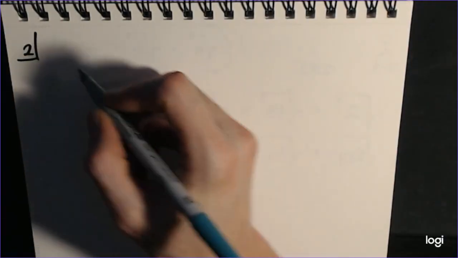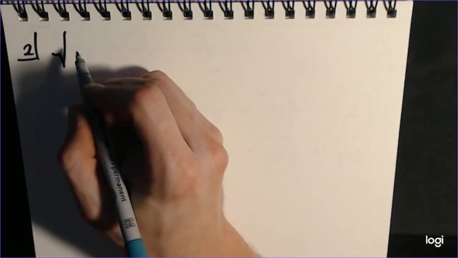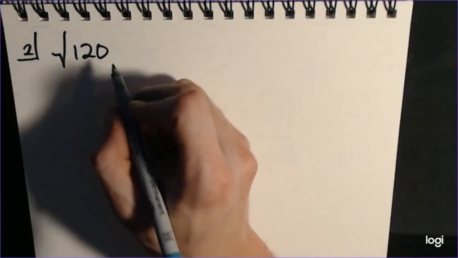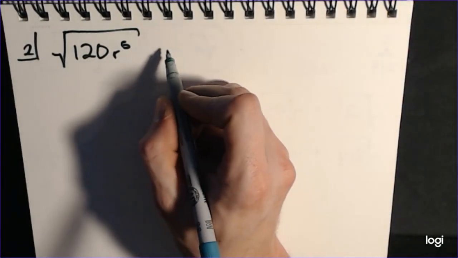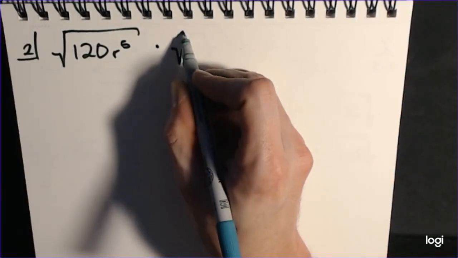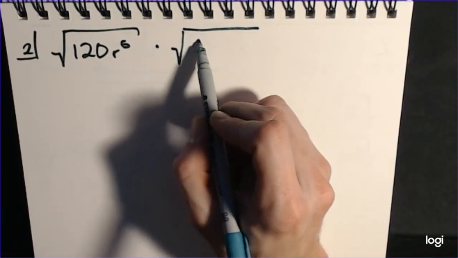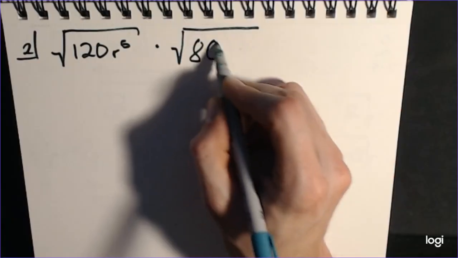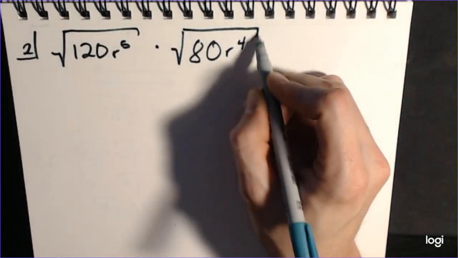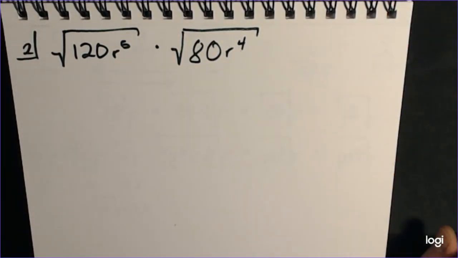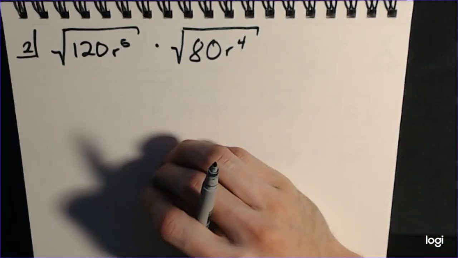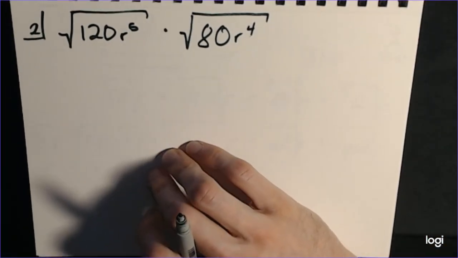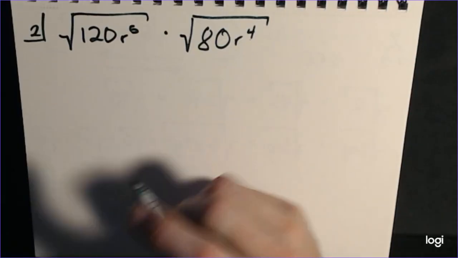We're going to look at number 2, which is the square root of 120 r to the 5th power times the square root of 80 r to the 4th power. Couple approaches, but there's a lot of simplifying in these, so let's get to work.